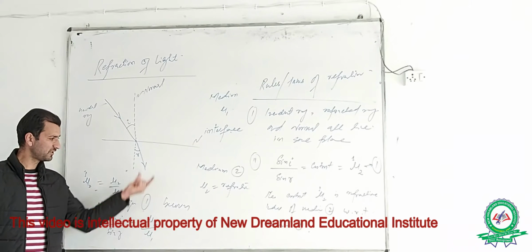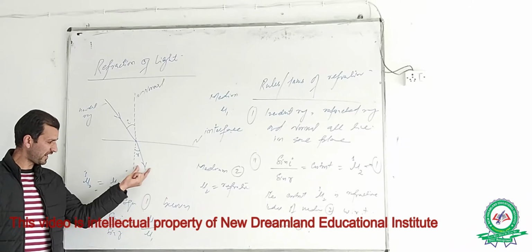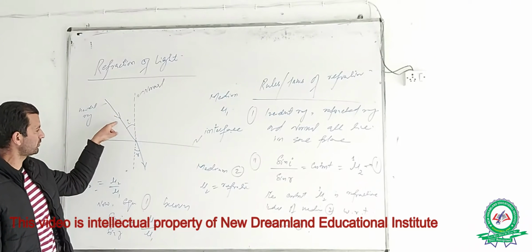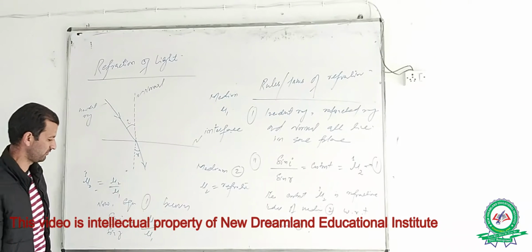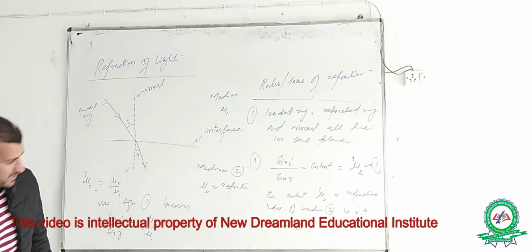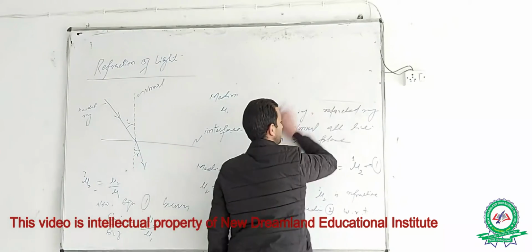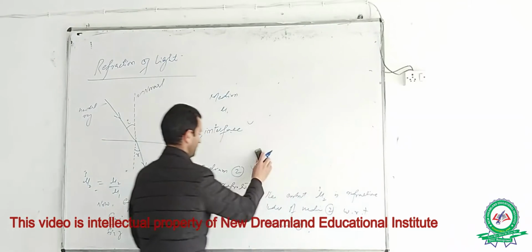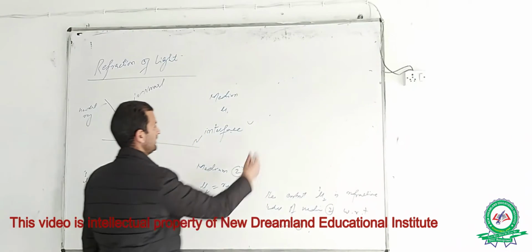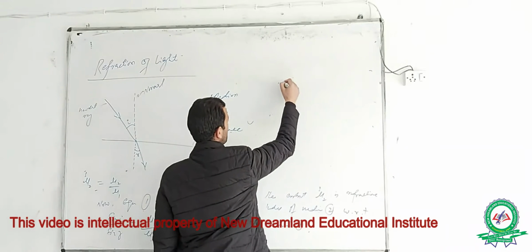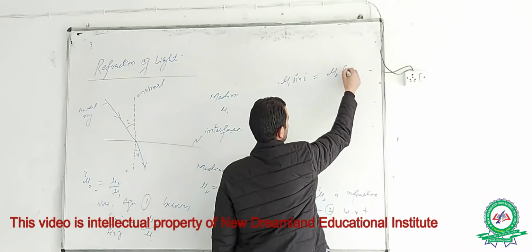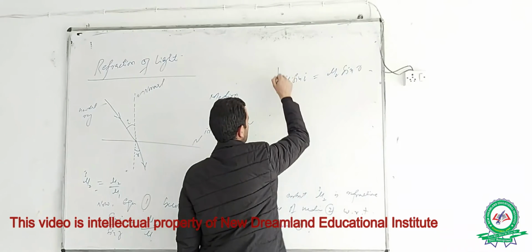So mu2 is the refractive index of the medium in which the refracted ray is traveling, and mu1 is the refractive index of the medium in which the incident ray is traveling. So this equation can be written as mu1 sine I equals mu2 sine R. So this is also Snell's law.